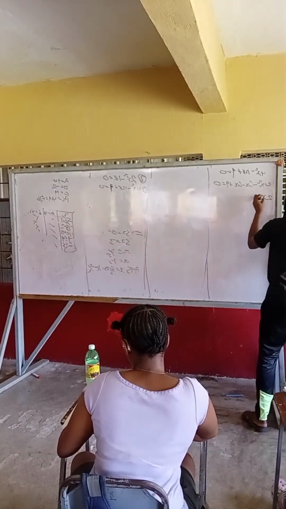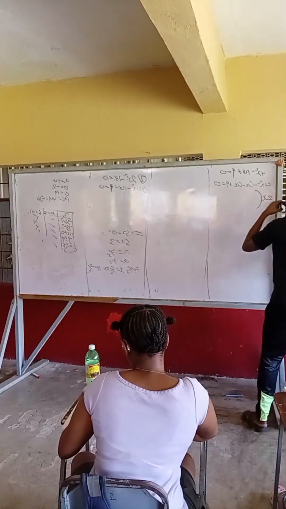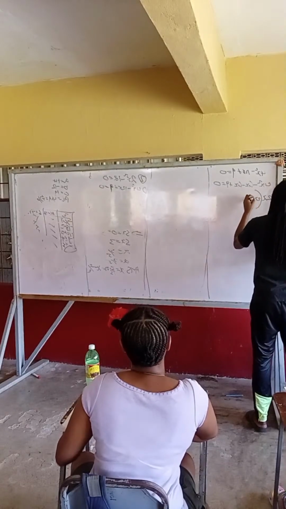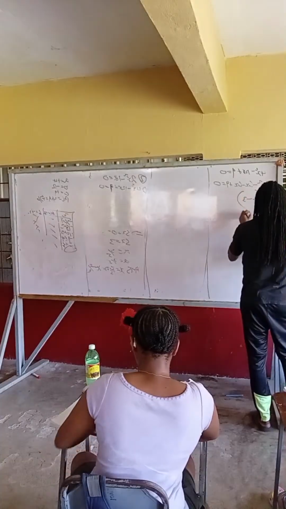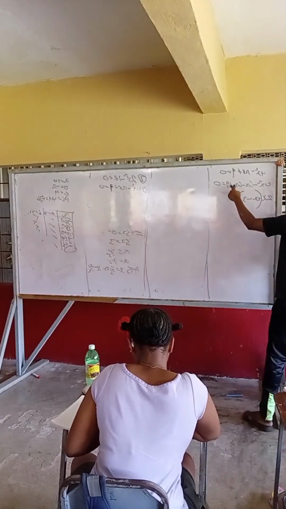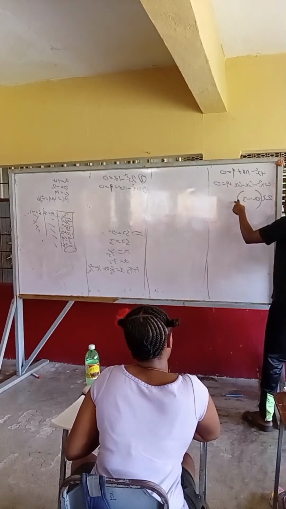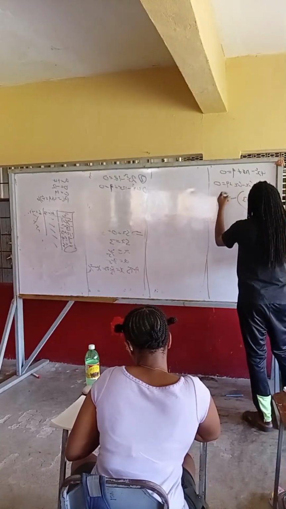Letter common. So now I get 2x. Everybody say we get 2x as well? Minus 3. It's a positive, so what am I going to put here? Minus. Number common.